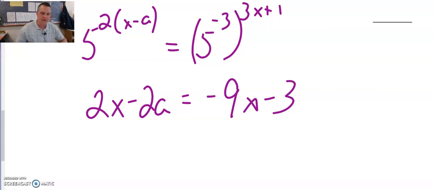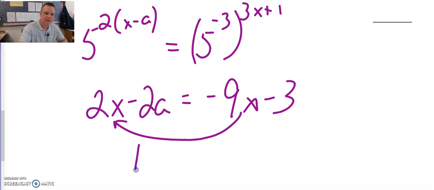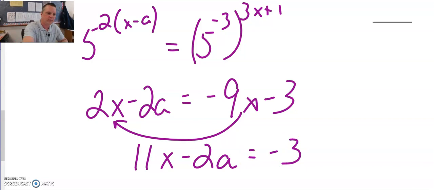So ultimately, you want to get your a by itself. So I would recommend, it's going to get a little tricky here. I like to move the smallest x first, always the smallest x, because then that usually can keep it positive. So I'm going to move this one over here. So that means you would add 9x. So we have 11x minus 2a equals negative 3.